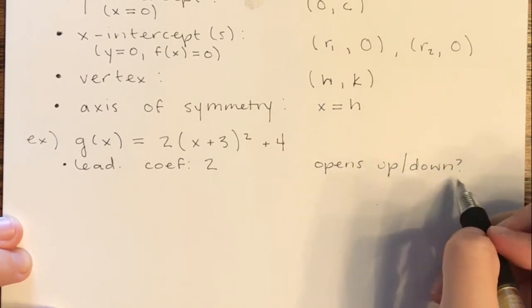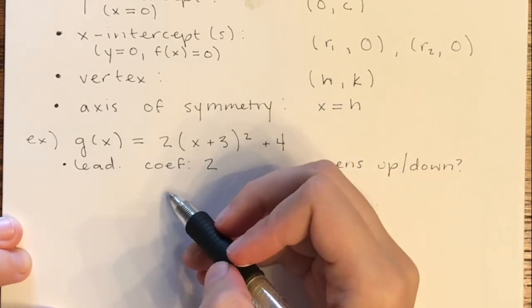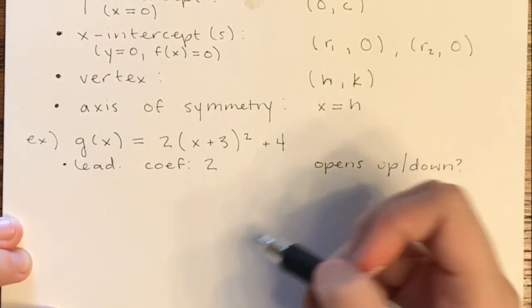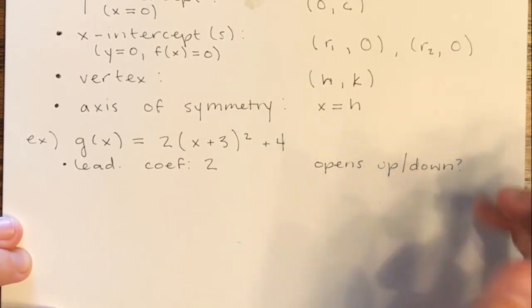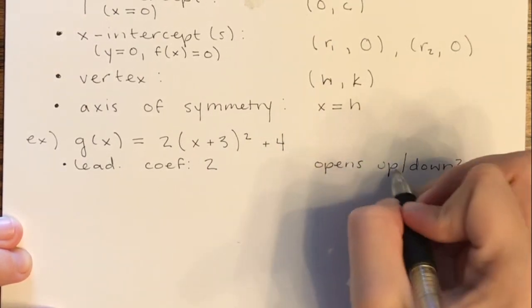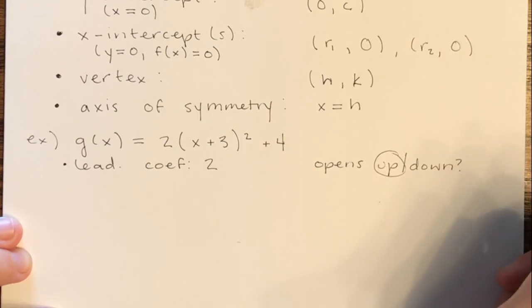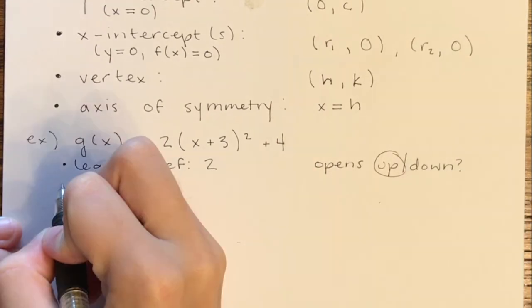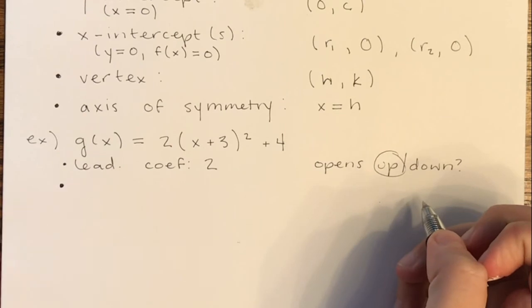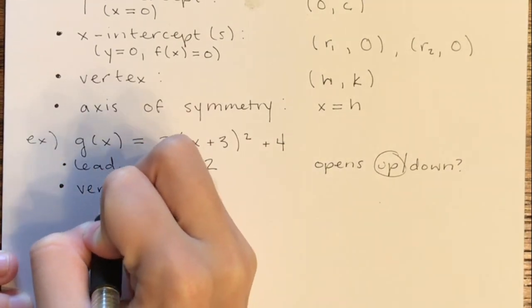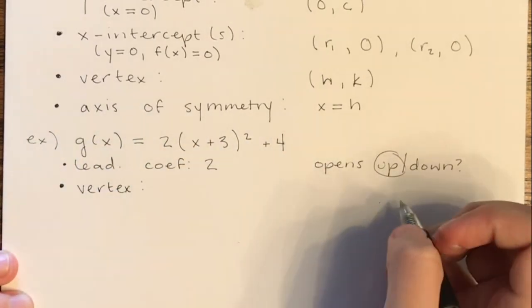Well, remember we said that if we had a positive leading coefficient, we open up. If we have a negative leading coefficient, we open down. 2 is positive, so this parabola would open up. What is our vertex? Well, it's a point.